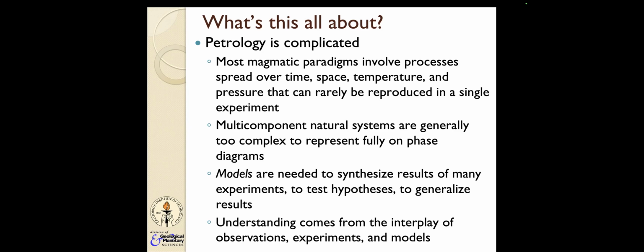So to deal with distributed processes in space, time, temperature, and pressure, and to deal with systems with 6, 7, 8, 9, 10, 12 components, we need models that handle a lot of the combination of knowledge in many dimensions and in many aspects in order to run a hypothesis test and decide whether we actually know what our rock means.